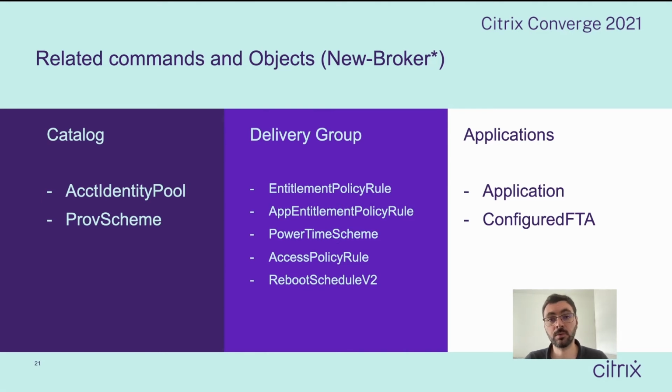For delivery group, you have entitlement policy rule and app entitlement policy rule, which are who is able to access the desktop or the published application, power time scheme for single session OS, access policy rule to allow to use the resources through the Netscaler or not, and the reboot schedule v2 for multi-session OS. And for applications, you have new broker application and configure FTA for file type associations.